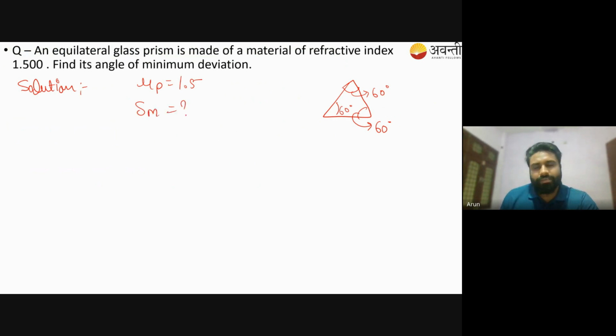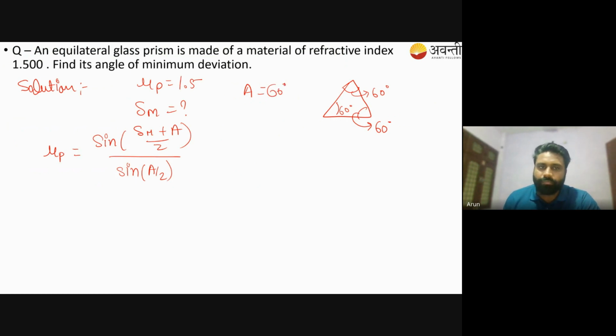We have learned the relation of delta m with mu p. What is that? Mu p is equal to sine of (delta minimum plus A) divided by 2, divided by sine A by 2. A is 60 degrees, which is the angle of prism, right?